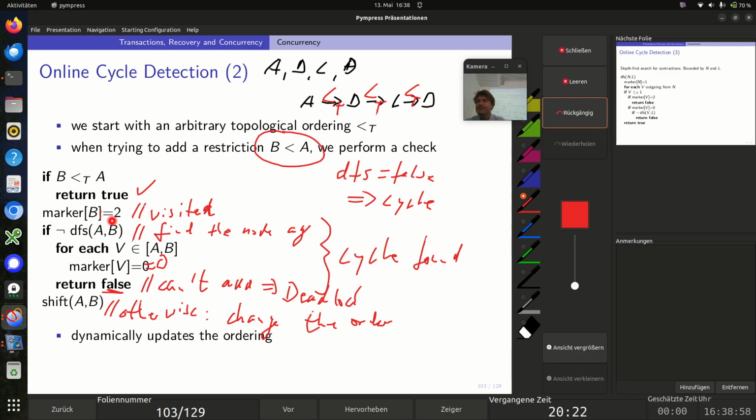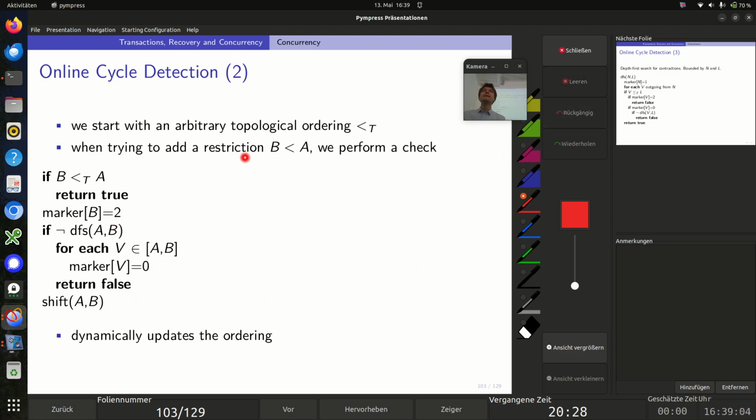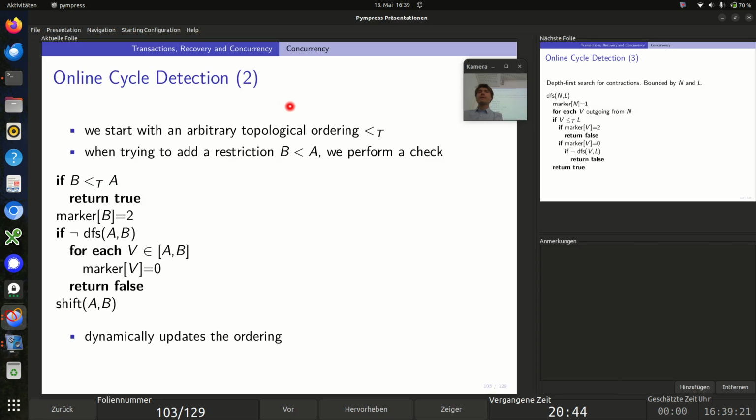Again, the idea: can we add a dependency between two resources without creating a cycle? So between two transactions.